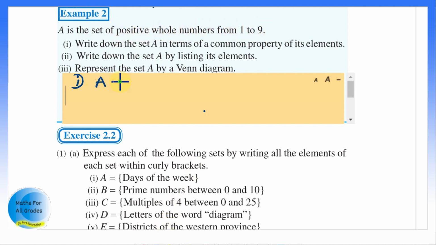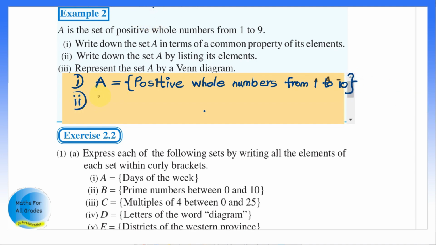For row number 1, A is a set of positive whole numbers from 1 to 10. Then close the bracket. So what are the positive numbers from 1 to 10? When you write it in elements, you have to write down all the numbers from 1 to 10 separated by commas.